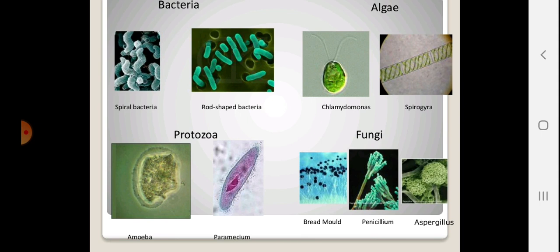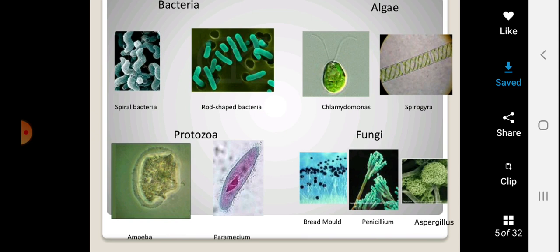Then you can see the single cell protozoans, or you can say unicellular amoeba or slipper shaped paramecium. Here are some images of common fungus. The first one is bread mold, second one is penicillium, and the third figure is of aspergillus.